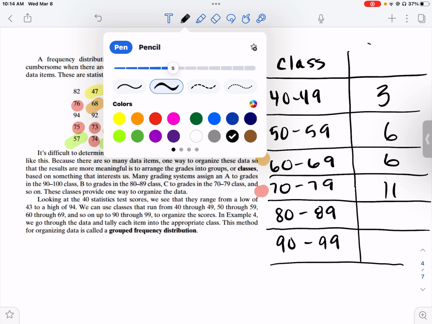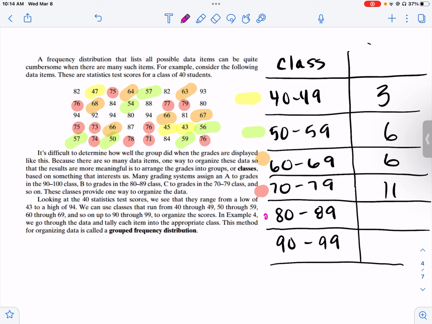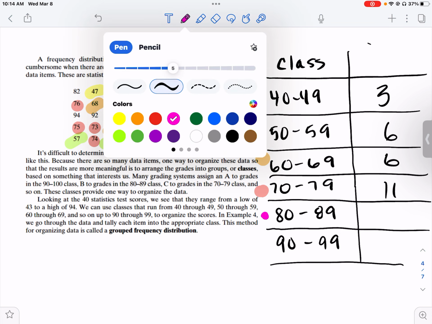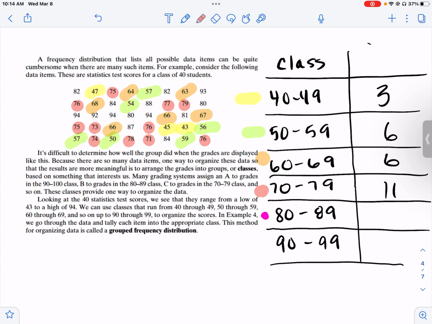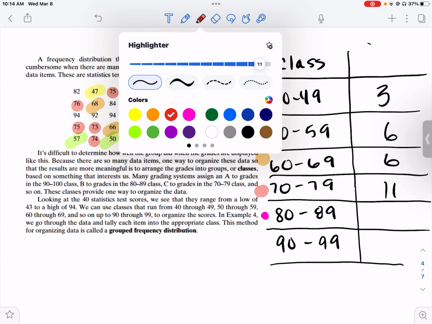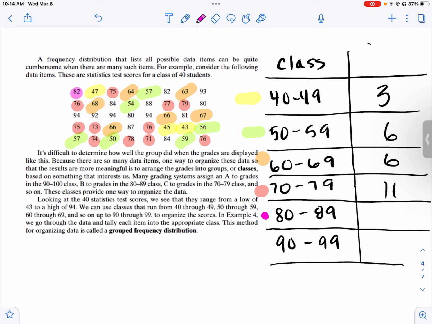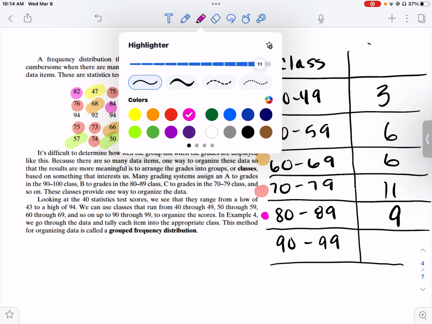Okay, let's do pink for the 80s. 1, 2, 3, 4, 5, 6, 7, 8, 9. Okay, what do we have left?